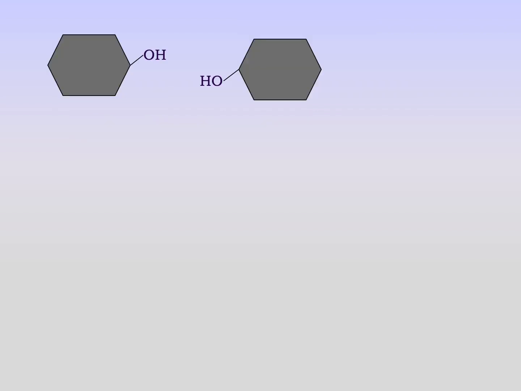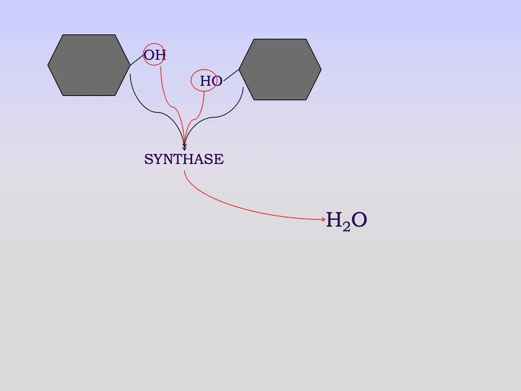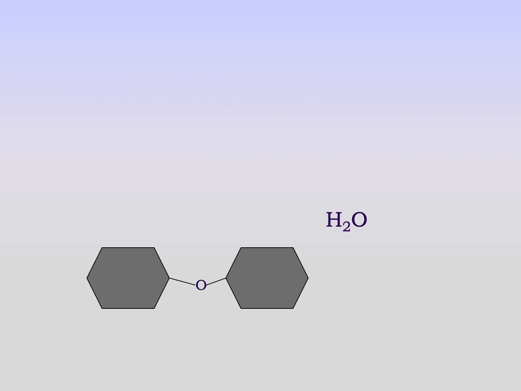So we start with our monomer units. They interact with an enzyme, we'll call it a synthase here. From one end of the molecule, we strip a hydrogen, and from the other end of the molecule, we strip a hydroxyl group. By doing that, we form water, the dehydration reaction, forming our polymer.